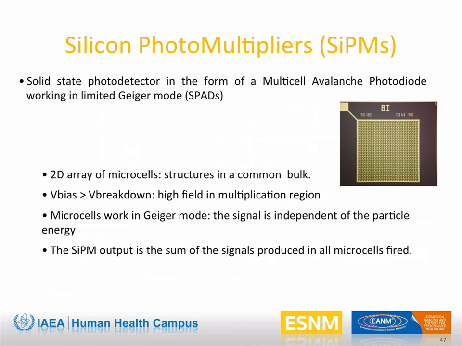The small SPADs in a silicon photomultiplier are named microcells. The signal produced is then proportional to the number of microcells that fire. If the number of microcells is larger than the number of incoming photons, the obtained signal is proportional to the energy released in the scintillator.